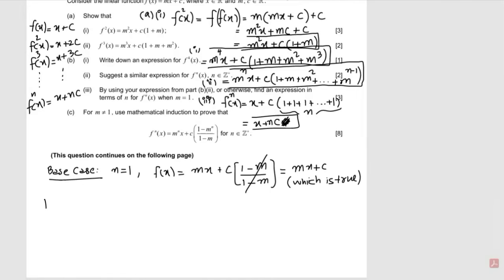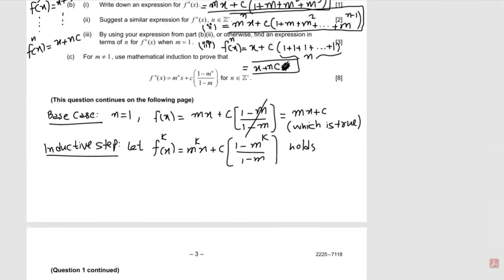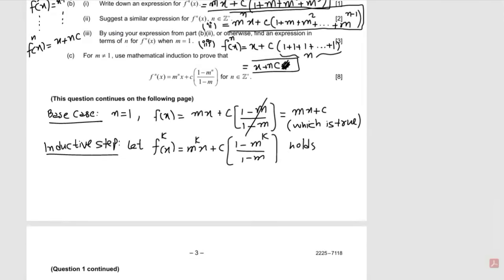Then what's the inductive step? Here you will say, let f k x equals m to the power k x plus c times 1 minus m to the power k over 1 minus m hold. And now we wish to show, oh, I'm running out of space. Let's prove that f of k plus 1 can be written as f of k x, right?